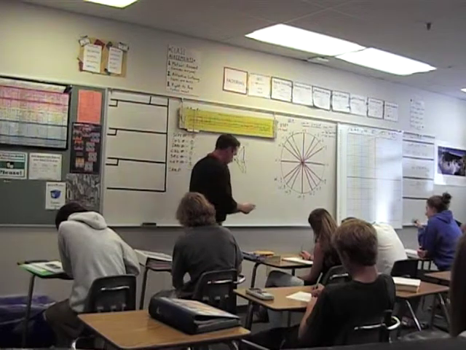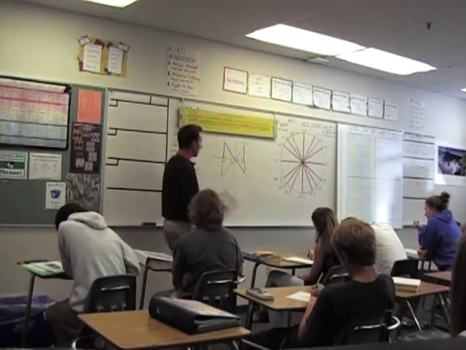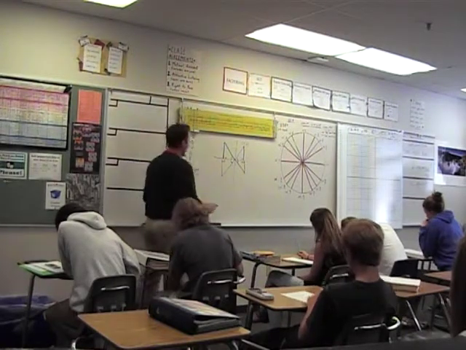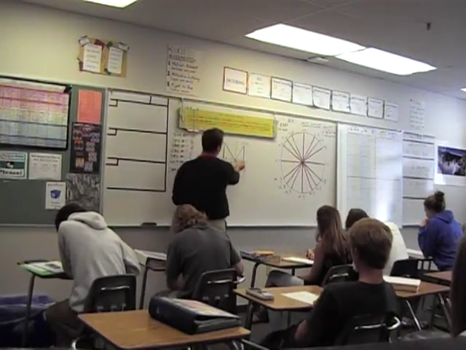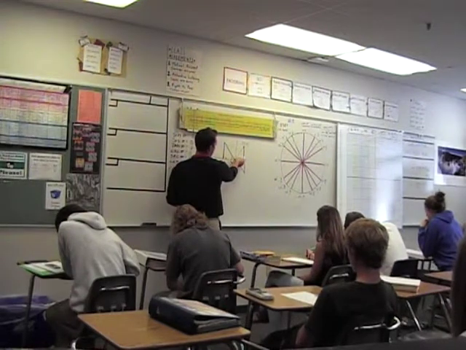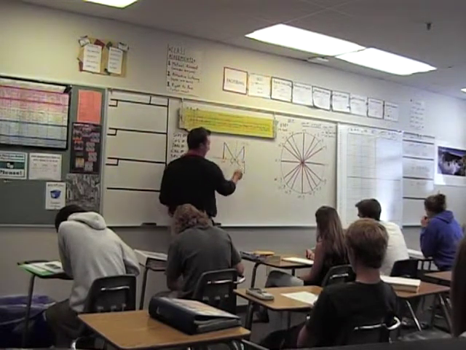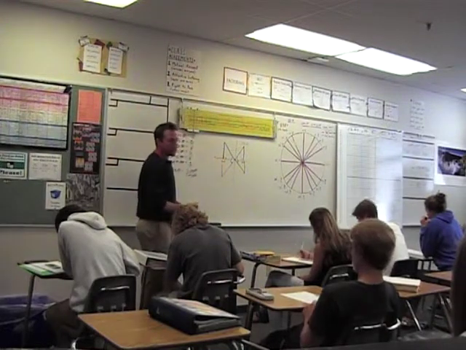So all those triangles are in standard position. And the terminal side of my triangle is wherever my hypotenuse ends. So the terminal side is the hypotenuse side of the triangle.